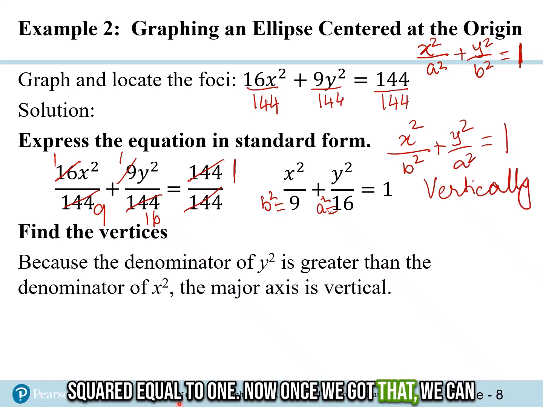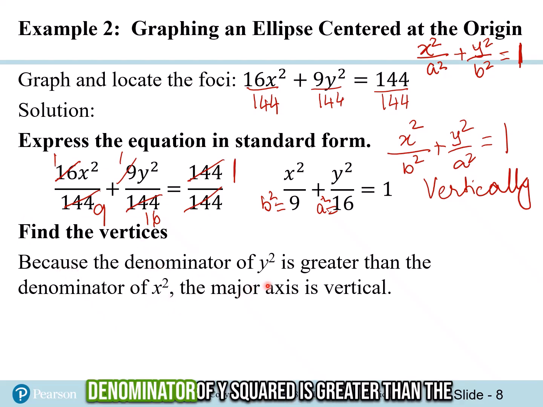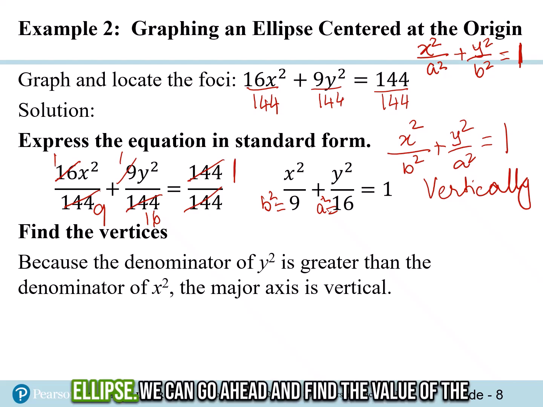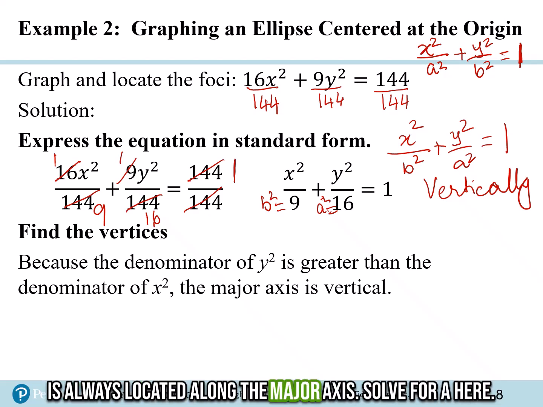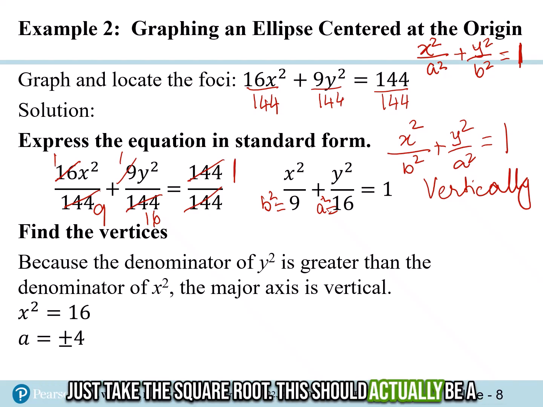Now, once we got that, we can identify the values of the vertices. Because the denominator of y squared is greater than the denominator of x squared, the major axis is vertical. It's a vertically positioned ellipse. We can go ahead and find the value of the vertices. A represents the vertices of the ellipse, which is always located along the major axis. Solve for A here. This should actually be A squared.